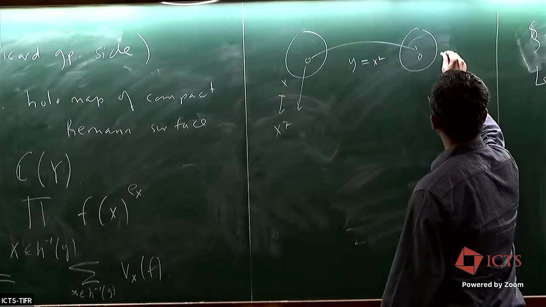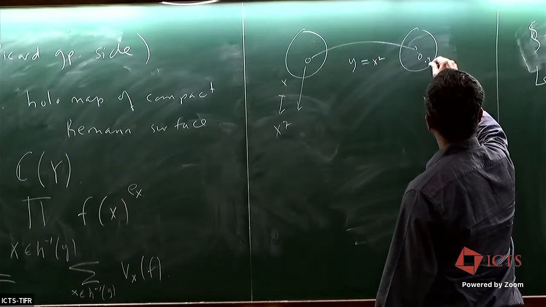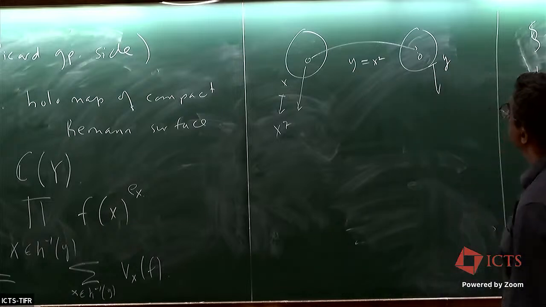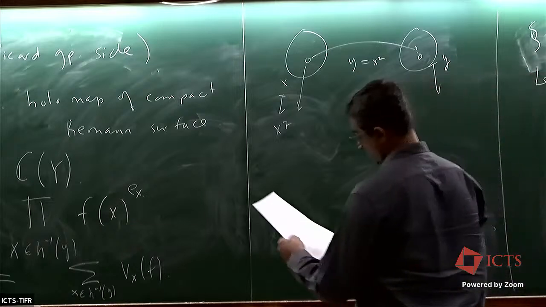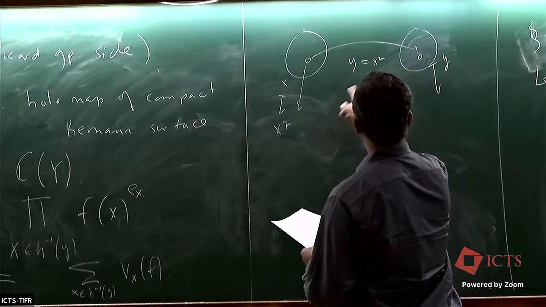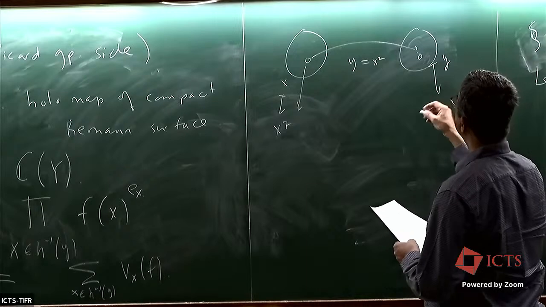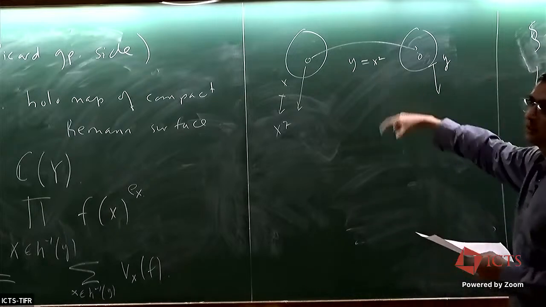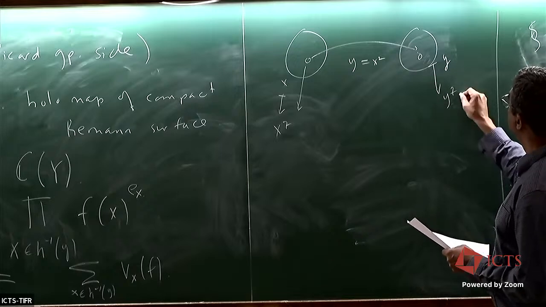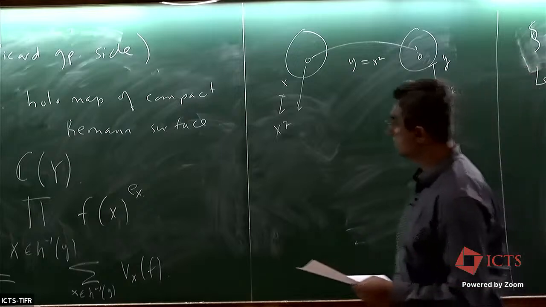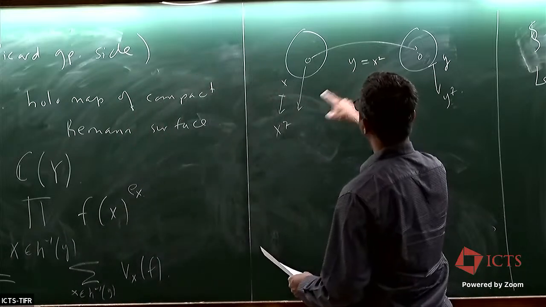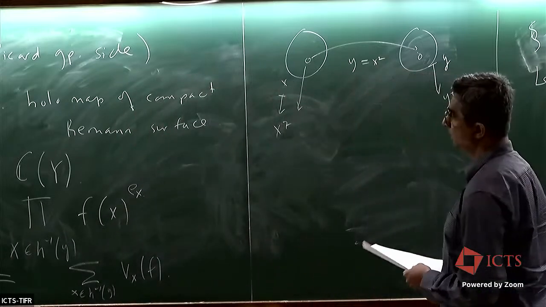What does y go to? Well, we know that y is x squared. So what happens to y? Well, x goes to x to the 7, so y is going to x to the 14. But x to the 14 is also just y to the 7. So this function is just y to the 7. So somehow the order of vanishing, right? Because of this 2, this becomes x goes to x to the 14.